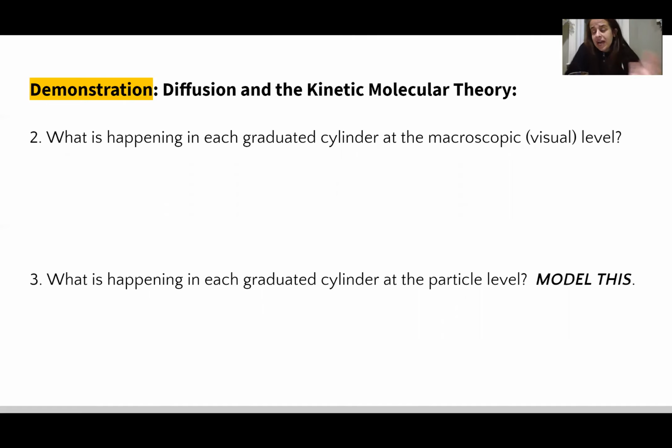Over time, they're both going to mix because eventually they're going to become a uniform concentration across both. And that's something that we'll talk about in a minute. But they're both mixing, and the one with the hotter water is mixing quicker, at a faster rate.